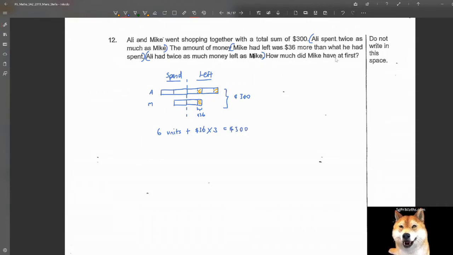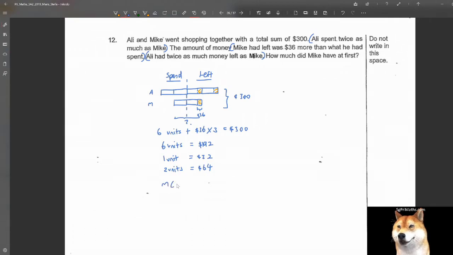We're trying to find how much Mike had at first, which is this big area. So let's find 6 units first. It will be equal to $300 minus this 36 times 3. So that gives us $192. 1 unit will give us $32. 2 units will give us $64.